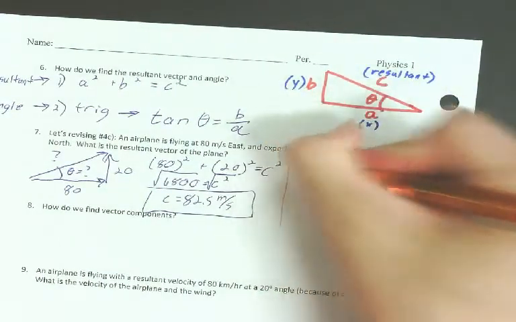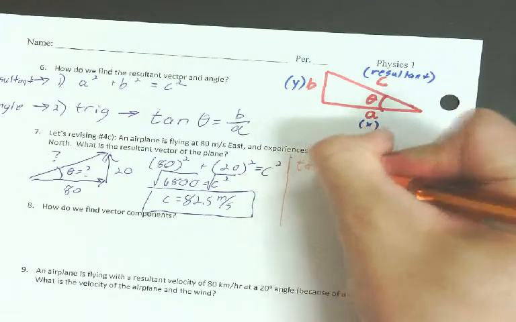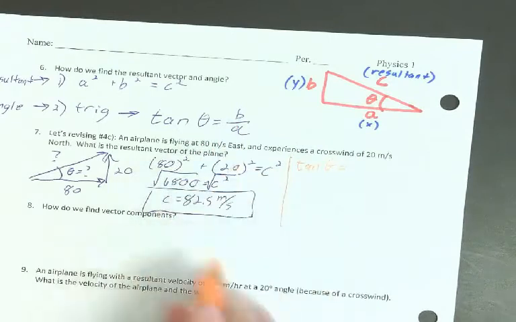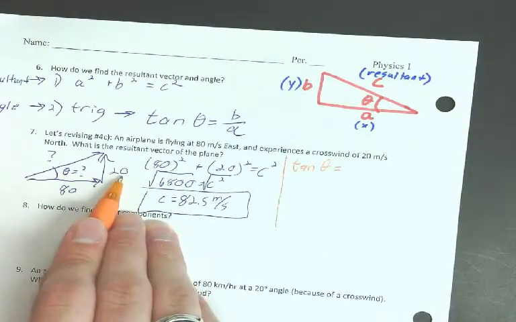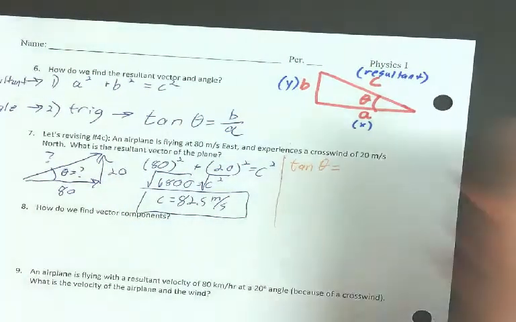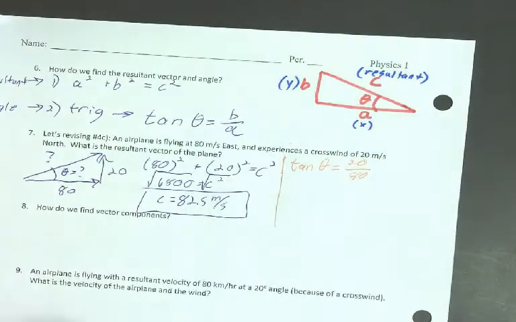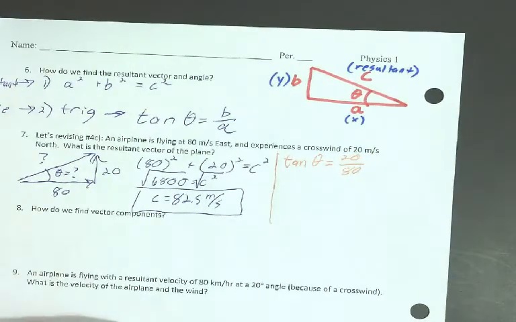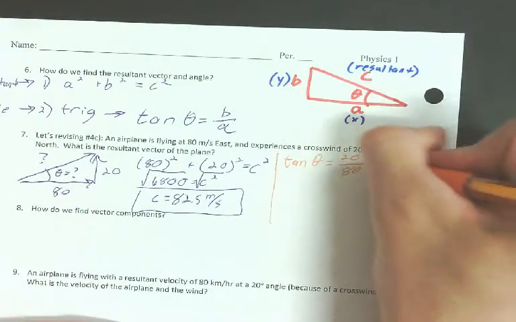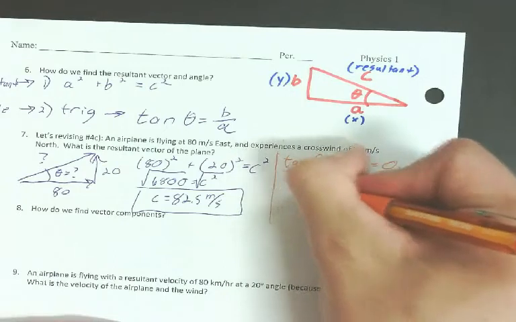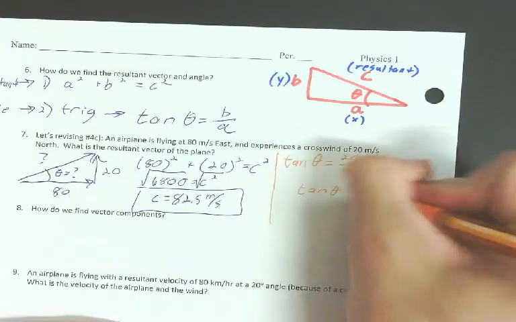How do I do this? I write tan theta equals B over A. B is 20, A is 80. 20 divided by 80 is 0.25. So now I've got tangent of theta equals 0.25.